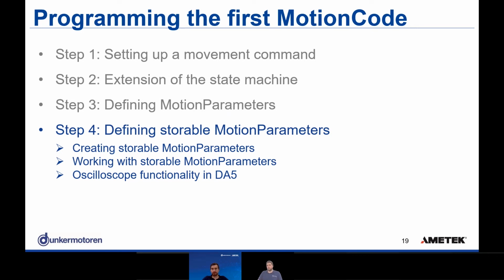We will do this over this cycle counter, which counts every positioning cycle, and every 10th cycle we will store this. And as a short side cut, we also want to introduce the Drive Assistant 5 oscilloscope functionality to show you how the storable parameters work, and also to show you this nice gimmick of Drive Assistant 5 that helps you to diagnose the motors.